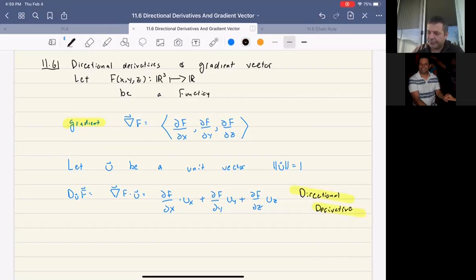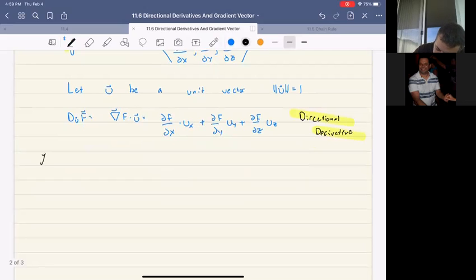Okay, so let's do an example. Let f of x, y, z equals x e to the y plus y e to the z plus z e to the x.